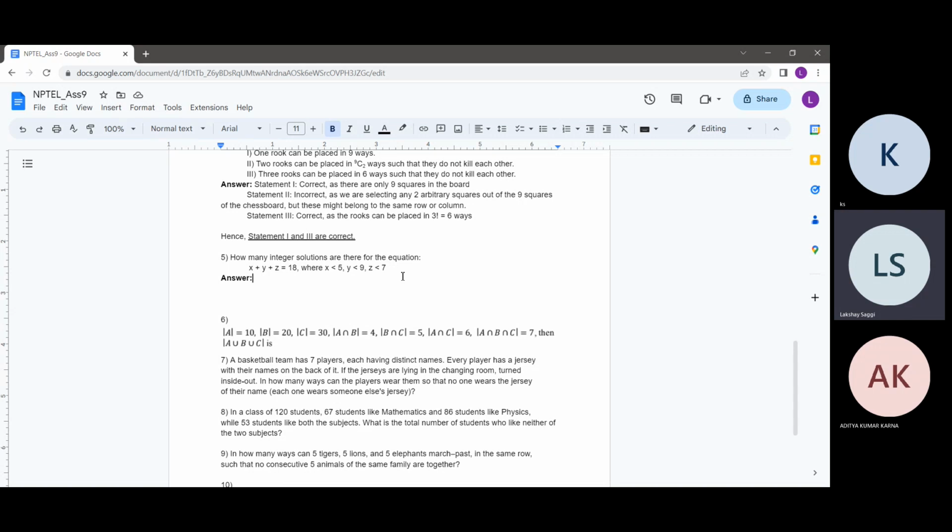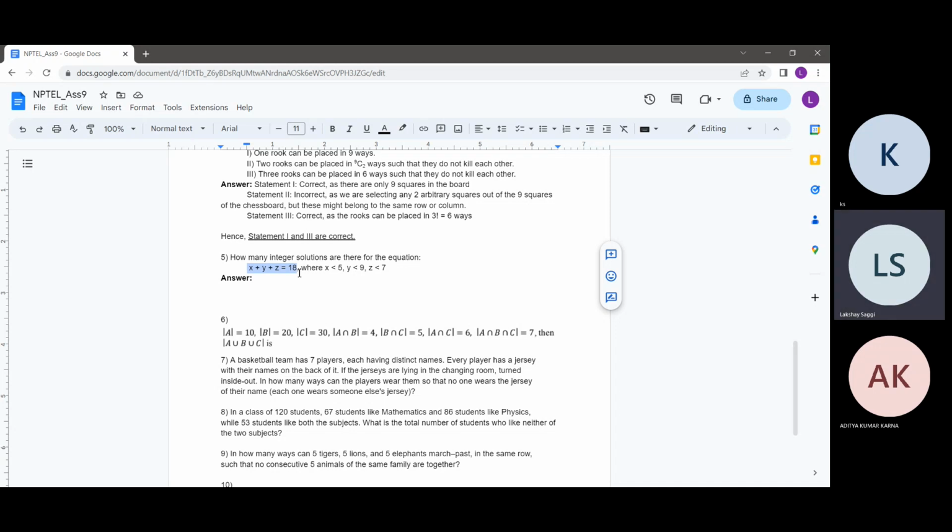For this question, first of all, let's say there were no restrictions given to us. Suppose this part was not there. Then we just want to find how many integer solutions there are for the equation x plus y plus z is 18. I think we already know the answer from the generating functions class.